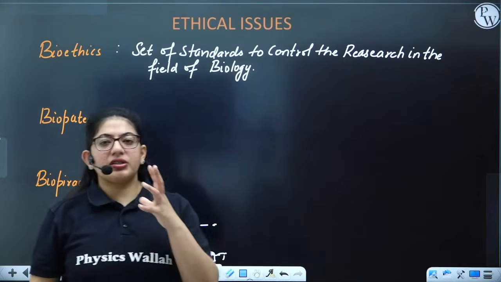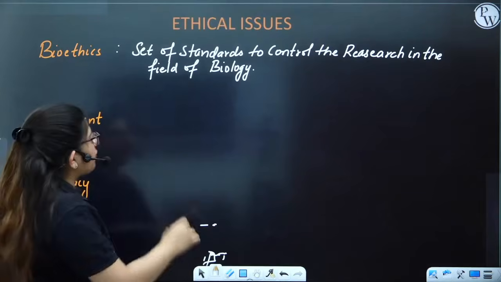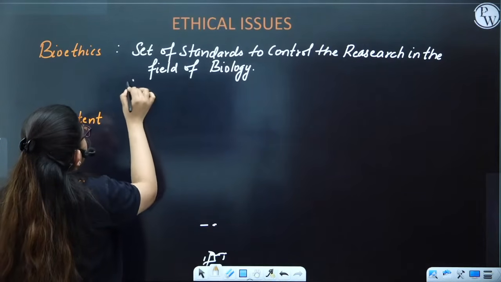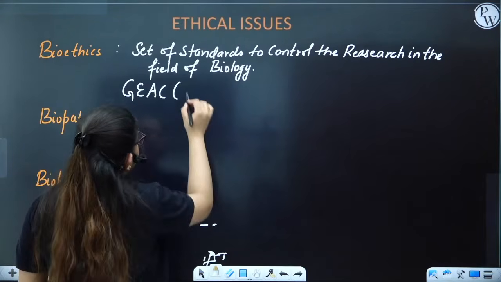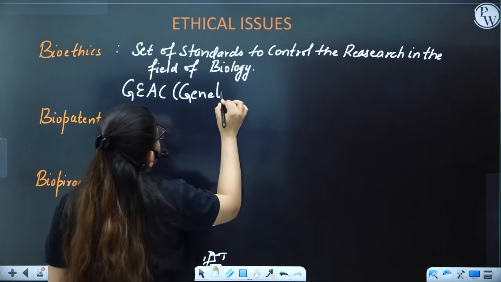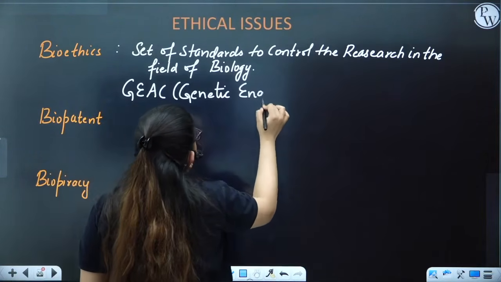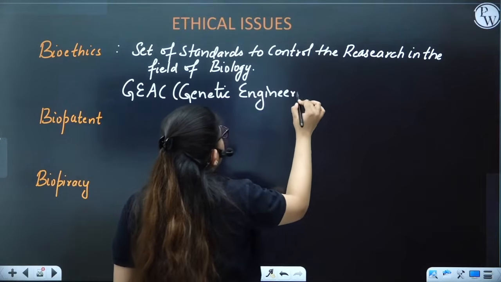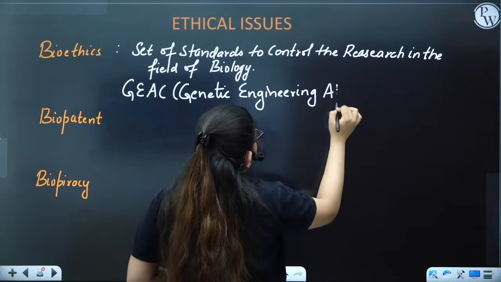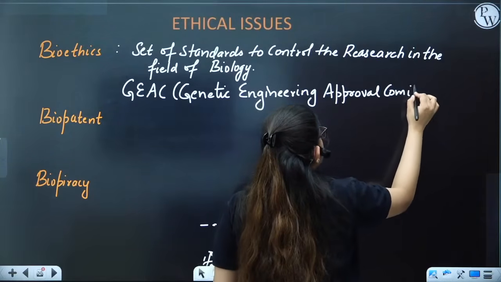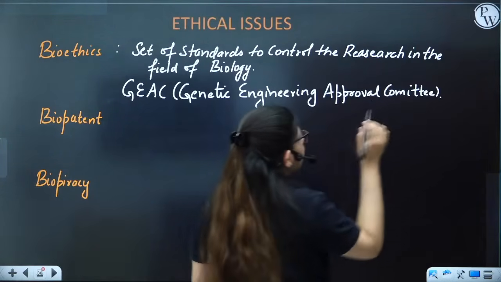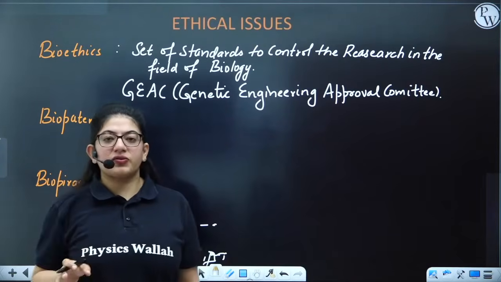In India, we have a government organization which is GEAC, Genetic Engineering Approval Committee. Do remember its full form, it's important. This committee will see whether this research is valid, whether you can do it or not.